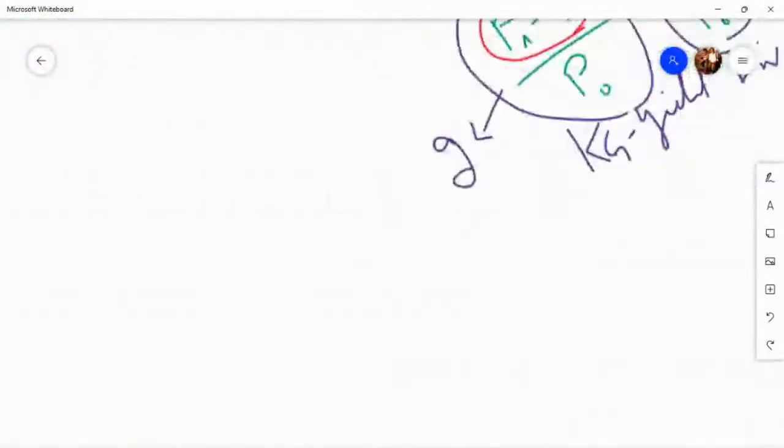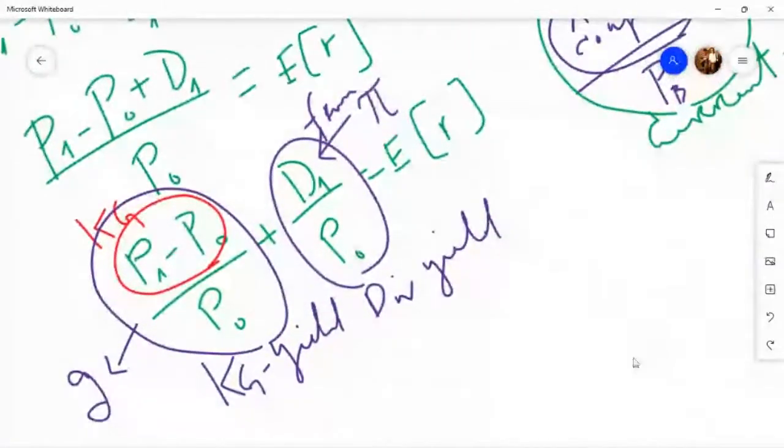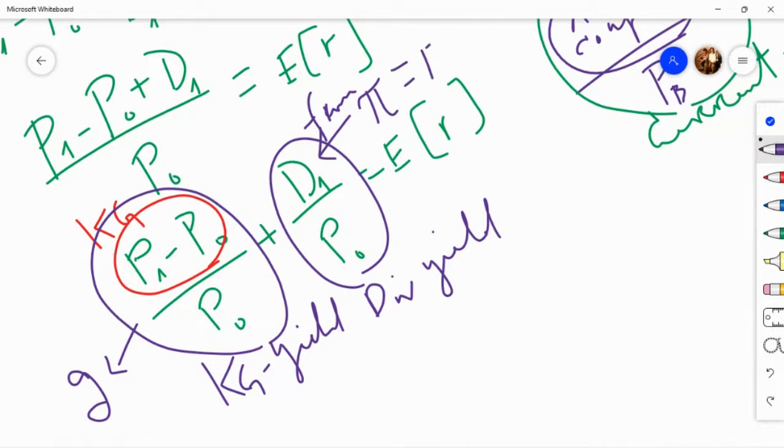So here again, dividend comes from the net profit, and another name for net profit is EAT. EAT, net profit, these are all aggregate concepts. The per share concept is when you divide by the number of shares.